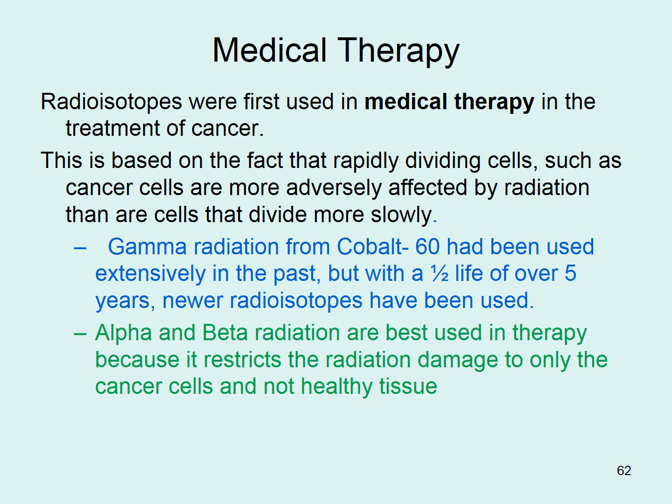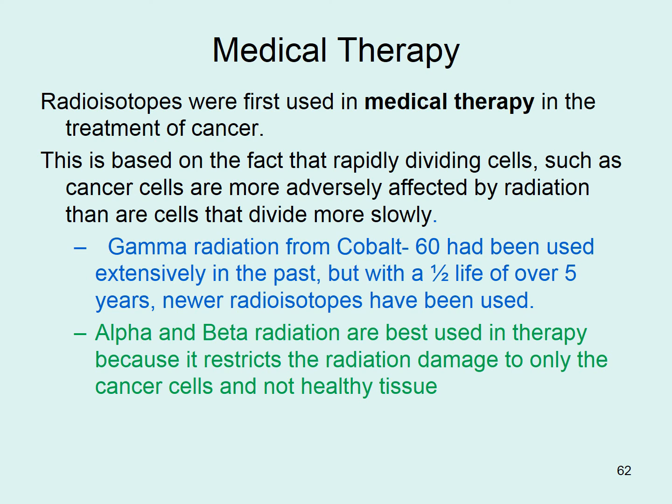The other very quickly dividing cells in your body, well, blood cells are one of them, but also your eggs and sperm, the reproductive cells, are also very quickly dividing, and of course they carry the genetic information to the next generation, and so that's why they're especially trying to protect those types of cells, because radiation can also do a lot of damage to reproductive cells.